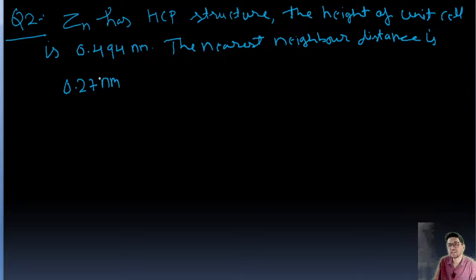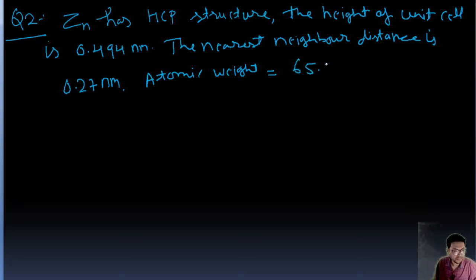The nearest neighbor distance is the lattice constant A, that is given. Now the atomic weight is given, that is 65.37 gram.